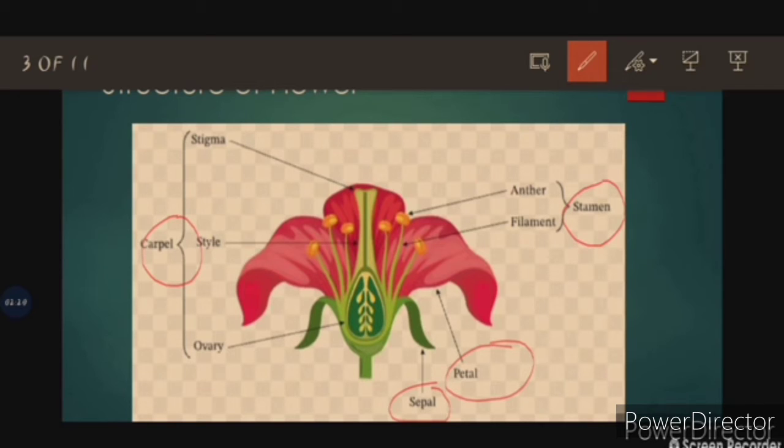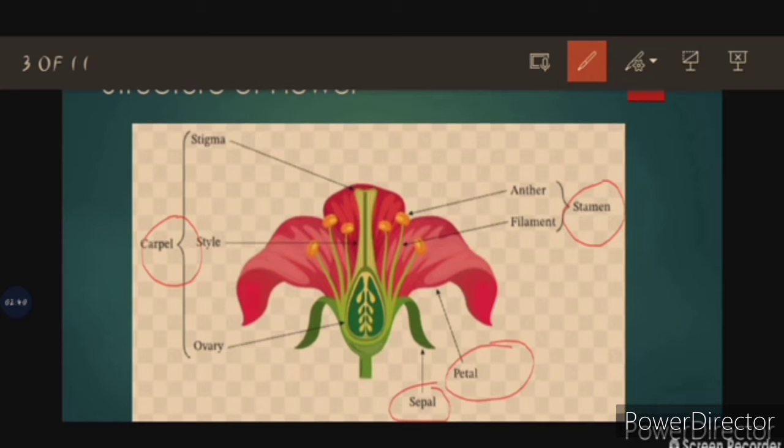The group of petals is called corolla, and the group of sepals is called calyx. The male part of the flower is androecium, whereas the female part of the flower is called gynoecium.